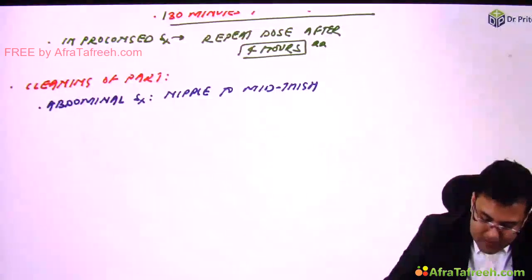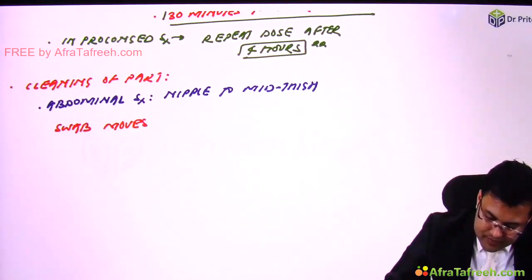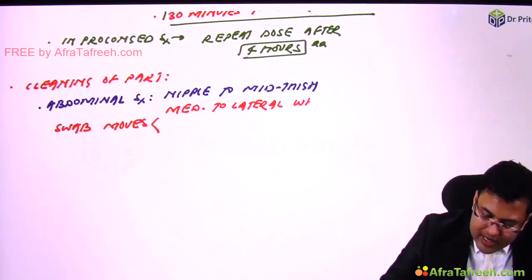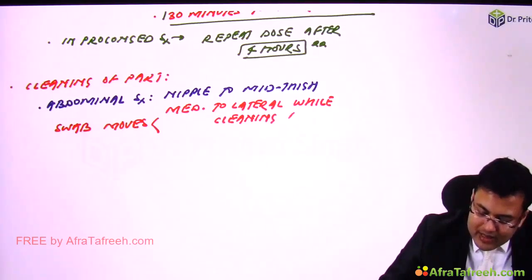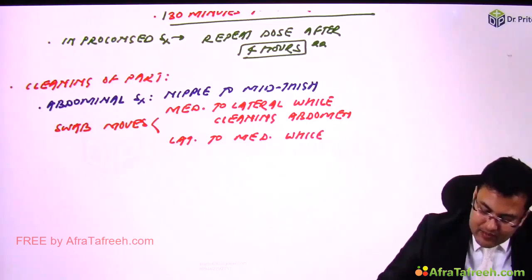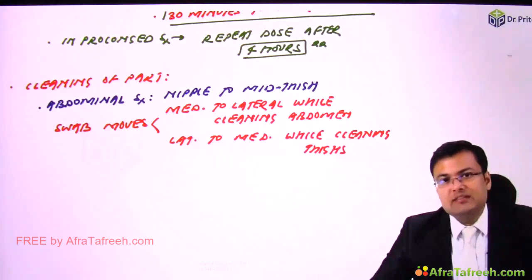So the swab moves medial to lateral while cleaning the abdomen, and lateral to medial while cleaning the thighs. These are the important questions related to cleaning of the part.